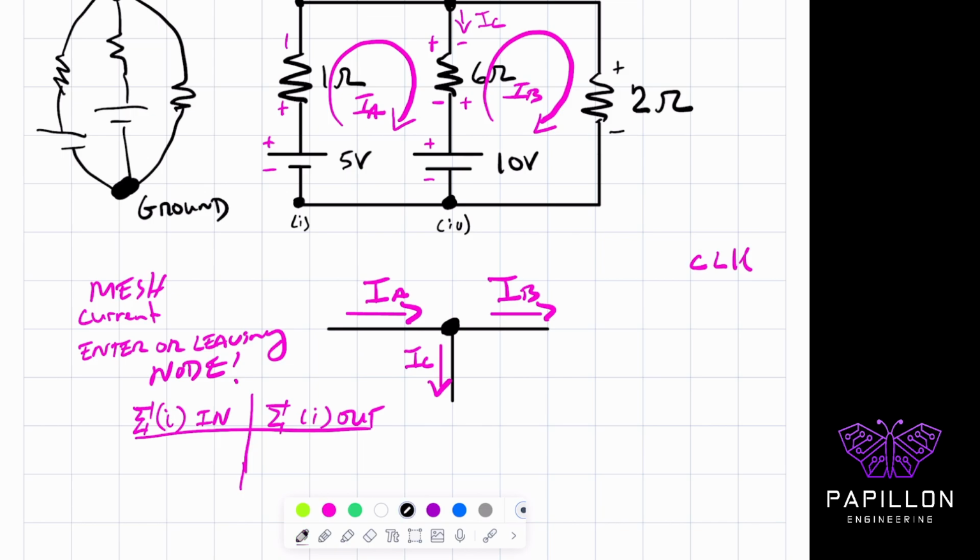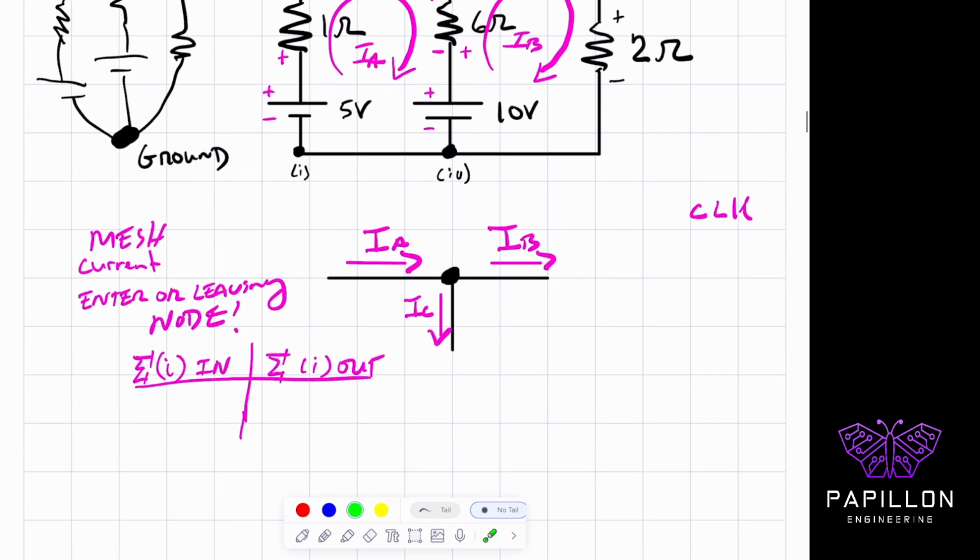So what's going in to this node? IA is entering this node, and IB and IC are leaving those nodes. All right, so if I wrote it out, I'll have IA on this side, and on the outs, I'll have IC plus IB. Okay, so that is how it looks for those ins and our outs.